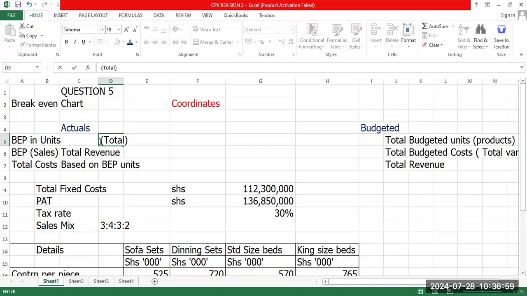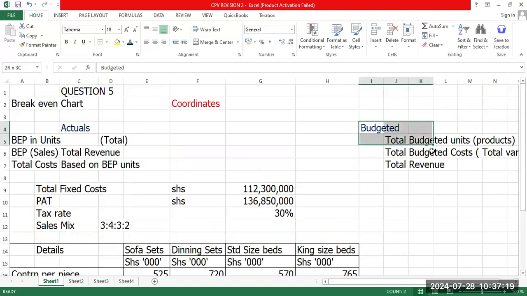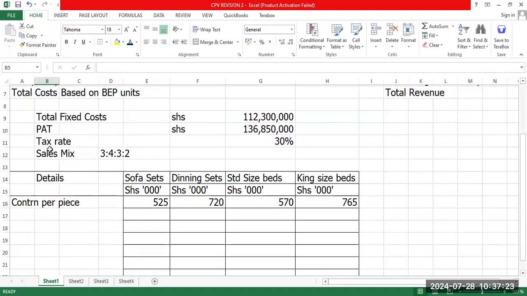We just put the overall figure. We don't put the break-even point for each product. We just get the total break-even point in units for all products. We also put total revenue. So I can first focus on this, or another person can first get all of this. But let's first focus on this.